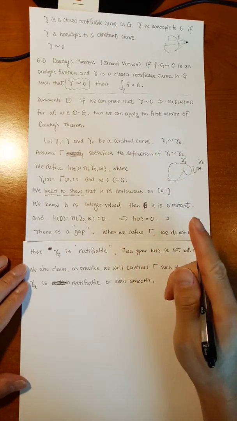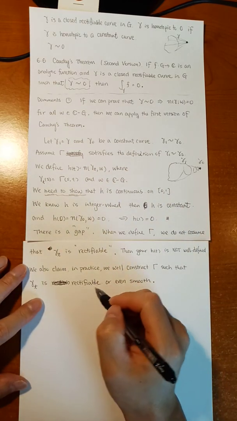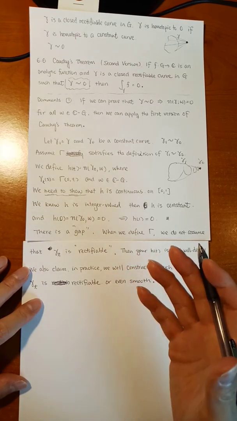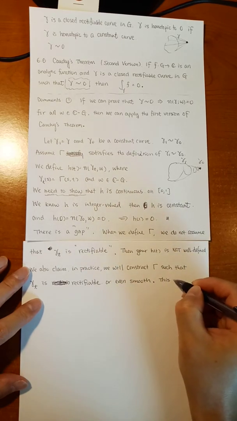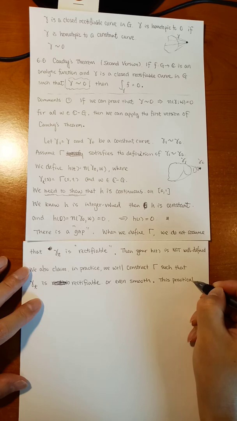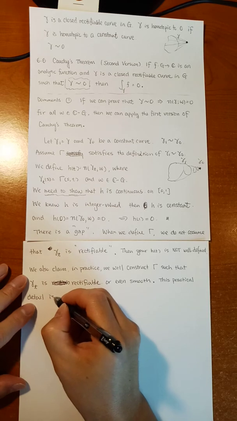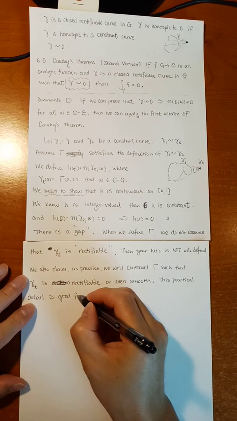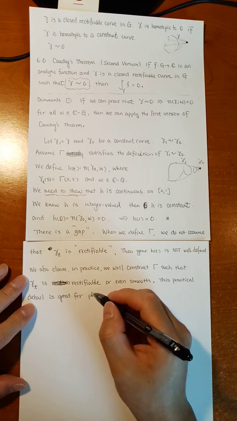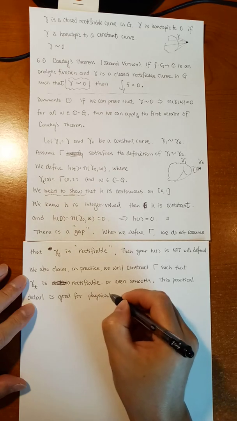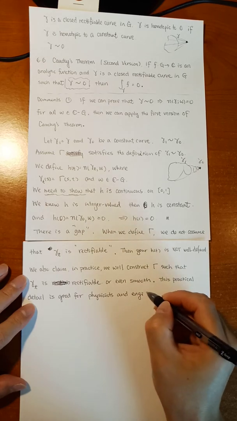And the author of the textbook mentioned this practical stuff is good for the training of the physicists and engineers. Okay, this practical detail is good for physicists and engineers, because they are dealing with everyday problems.